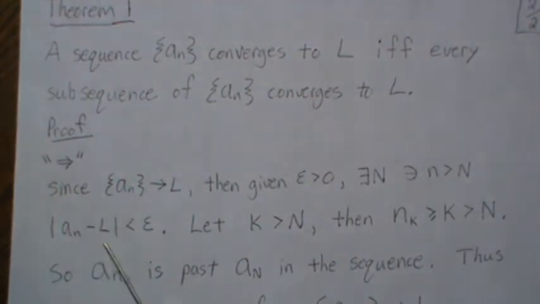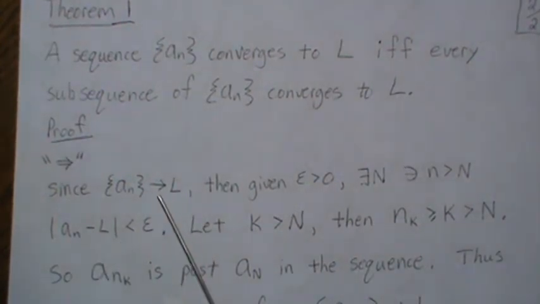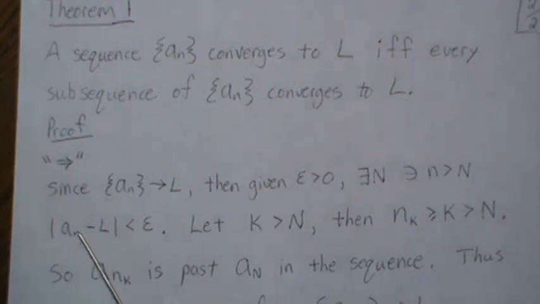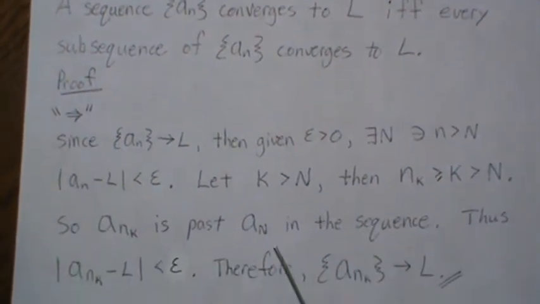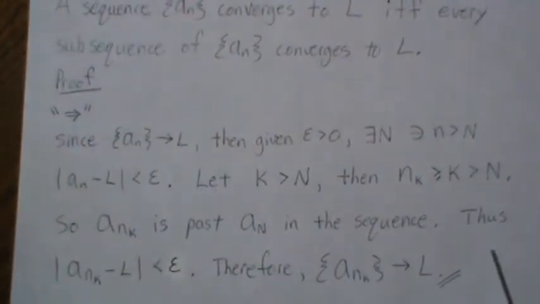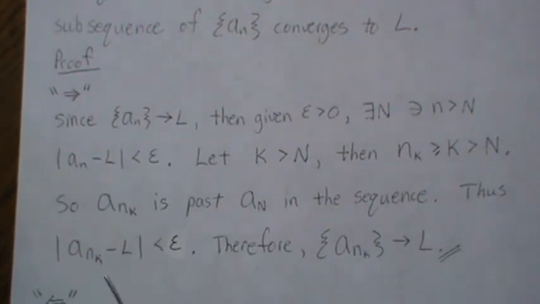Since our sequence converges, every term past this capital N meets this requirement. So we're creating the condition that our subsequence, remember, picked from terms of the original sequence, is past the a_N that meets this requirement. Thus, our subsequence meets this requirement. Therefore, any subsequence we pick converges to L.